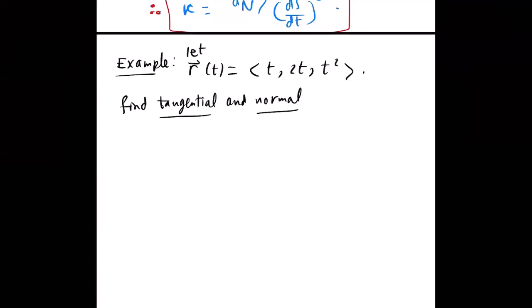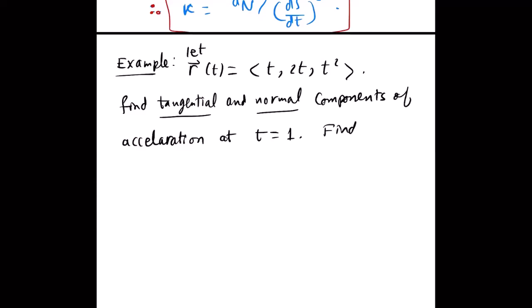The question is to find the tangential and normal components of acceleration at t equals 1. Find the curvature as well.